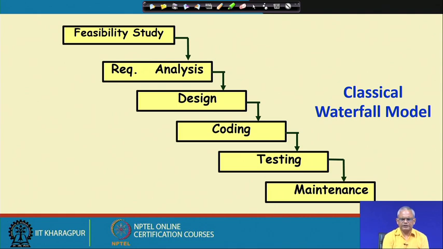And after the requirements analysis phase is the design phase. In the design phase, based on the requirements, the design is done and the design document is produced. Let us very briefly look at what is exactly involved in the design activity.